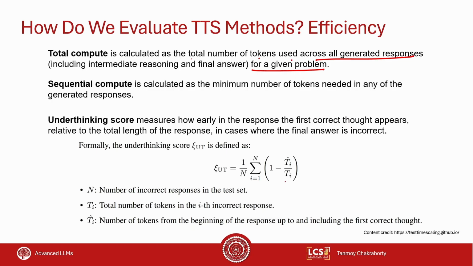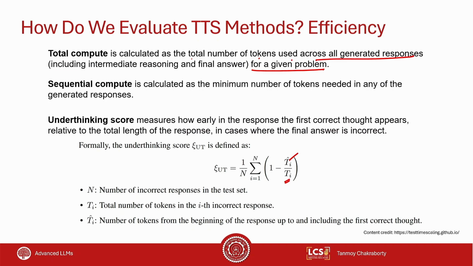So what is Ti? Ti is the number of tokens in the entire trace, right? And what is Ti cap? Ti cap is the number of tokens till you generate the first correct step. Now think of a case where initially you generate the correct step. So Ti cap would be 0 or 1, and Ti would be the length, right?